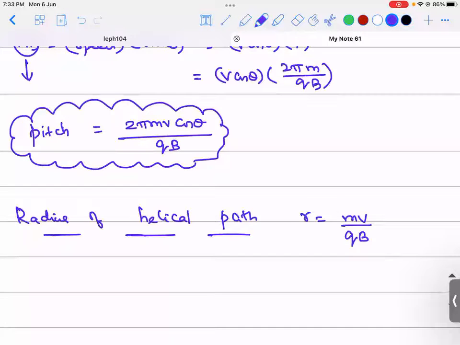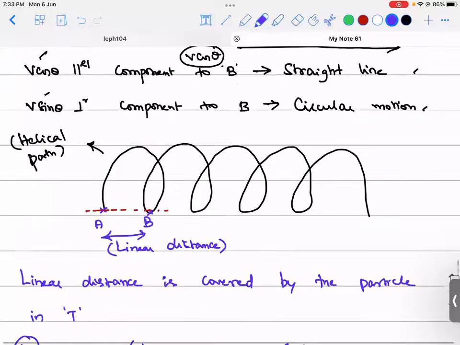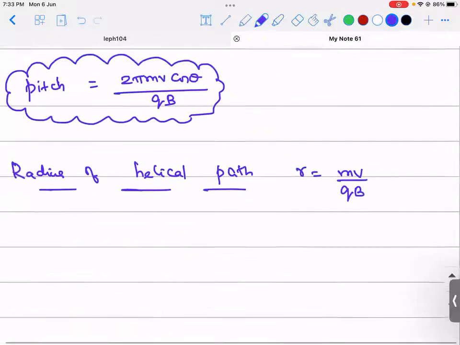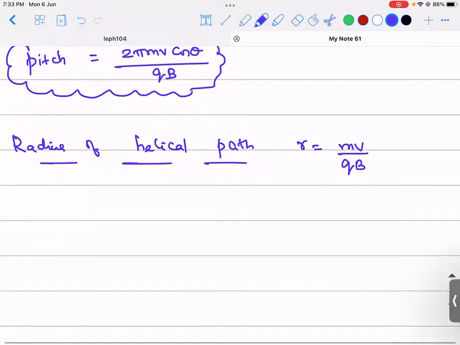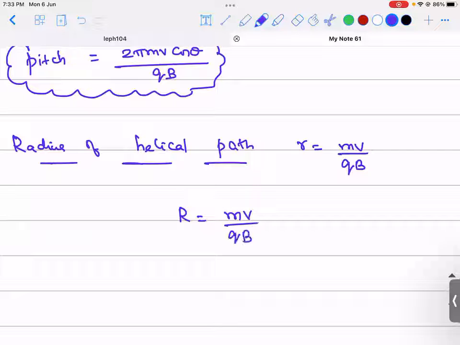But this helical path also has a radius associated with it, which let me call capital R. Can I use the same formula here? So can I use R is equal to mv divided by qB? Yes, I can use it, provided I take only the perpendicular component into consideration.